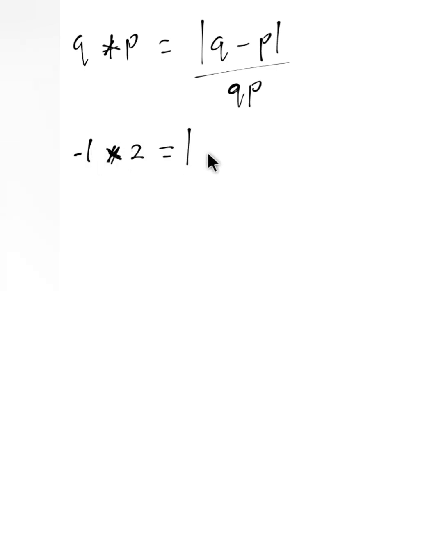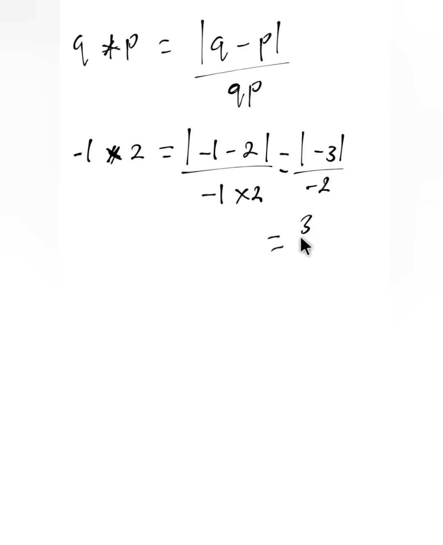So we have -1 minus 2, all over -1 times 2. This gives us the absolute value of -3 over -2. Now the absolute value of -3 is 3, so 3 over -2, and this is -3 over 2. Hence, we have that Q operation P is equal to -3 over 2.